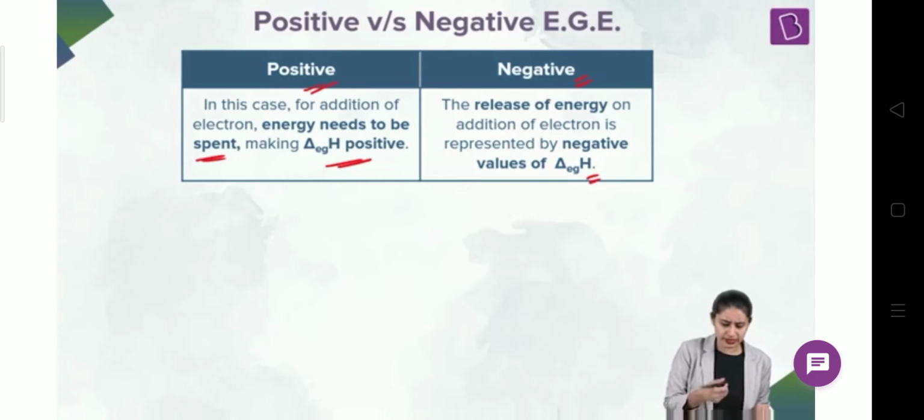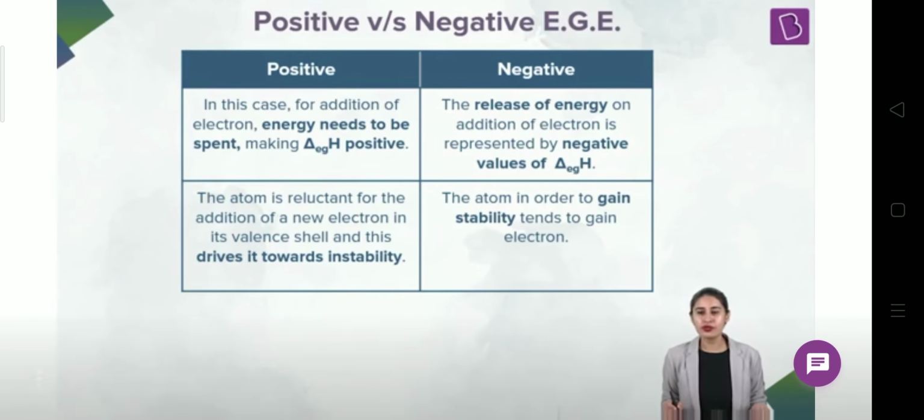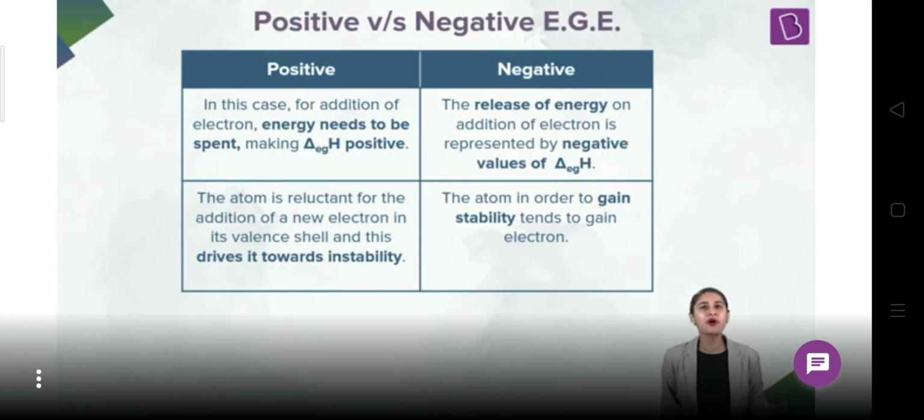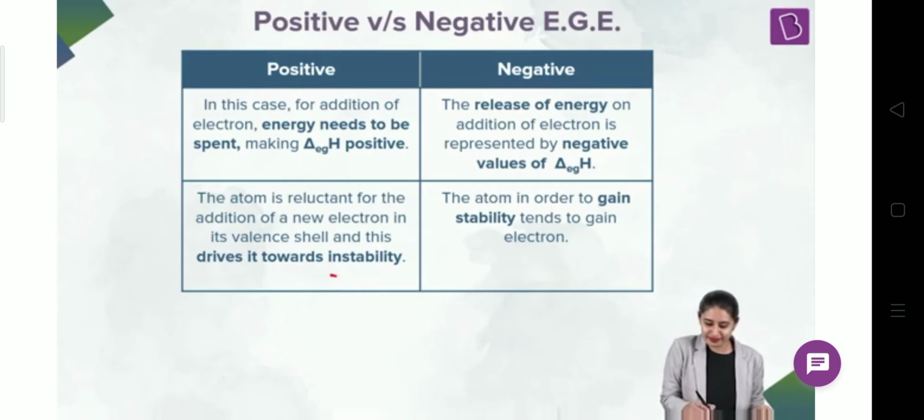The first is pretty simple. Next one is the atom is reluctant for the addition of the new electron in its valence shell, and this drives it towards instability. Remember the old uncle? He did not want to have the cake. If you force him to have it, instability.